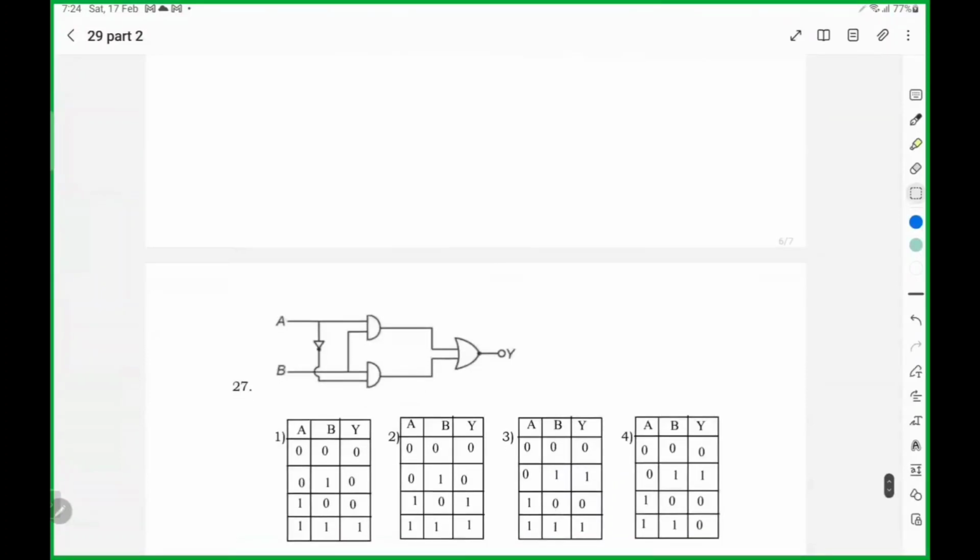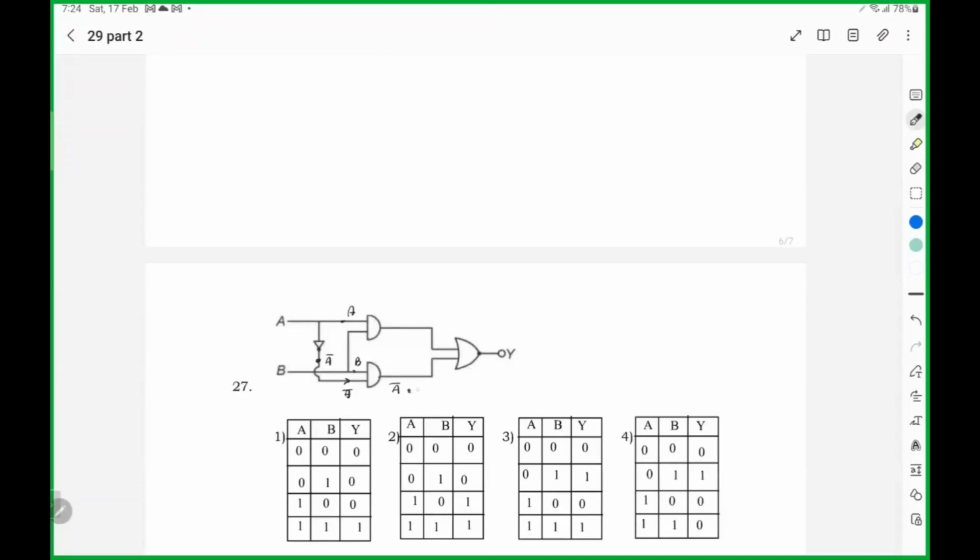Here, input signal is sent along NOT gate. This input signal is converted to A complement. Here it is A. So this combination is sent along AND gate.